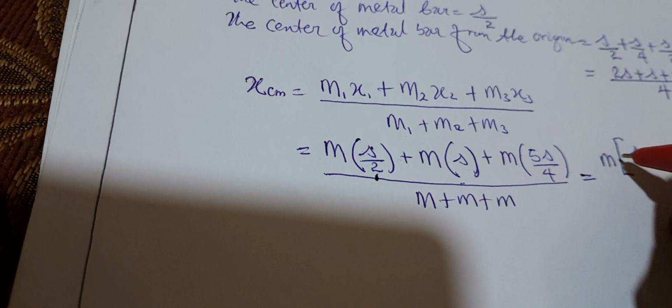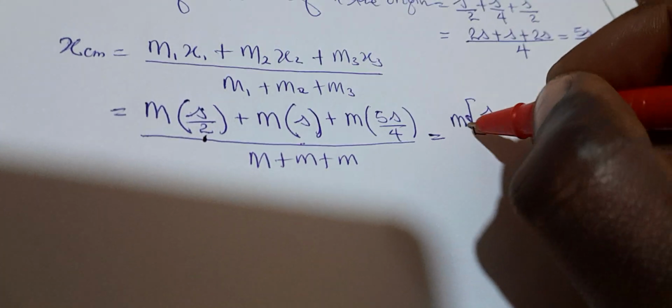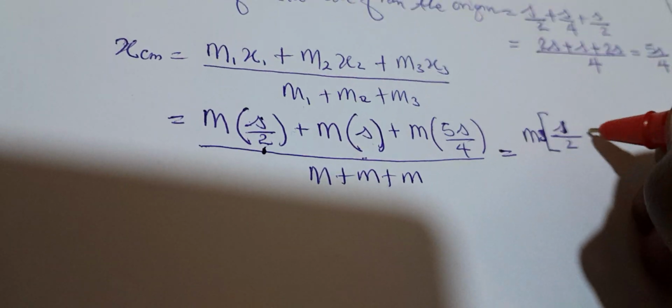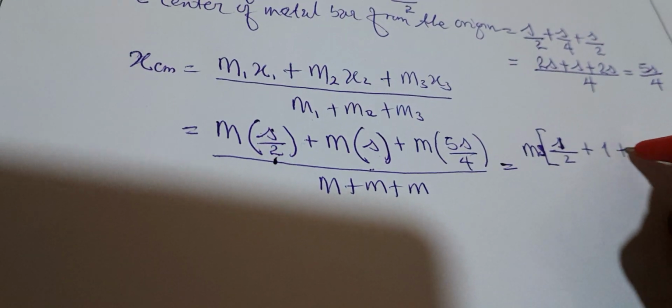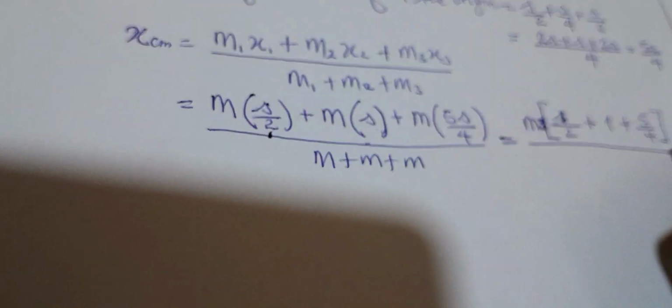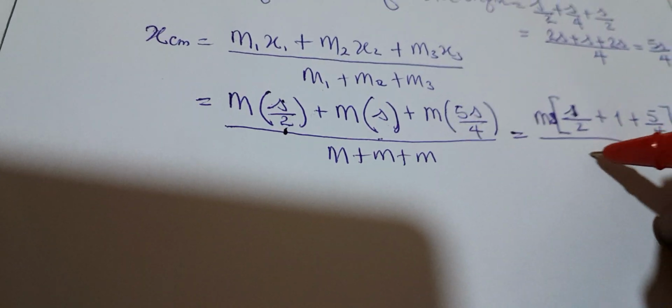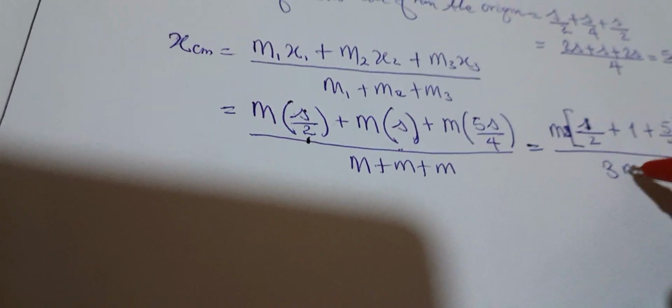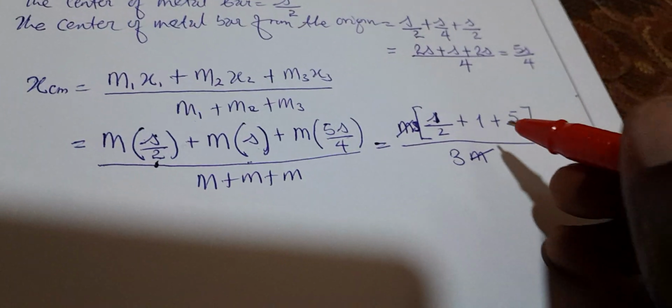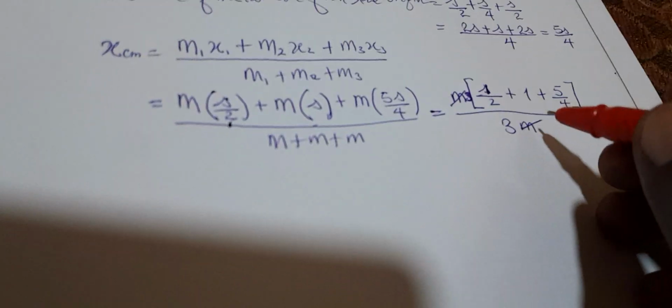We have m times (1 over 2 plus 1 plus 5 over 4) over m plus m plus m, which is 3m. So this m cancels. Let me simplify what's in the brackets.